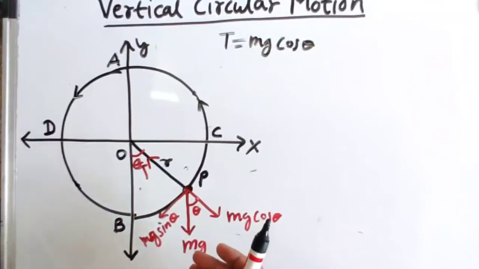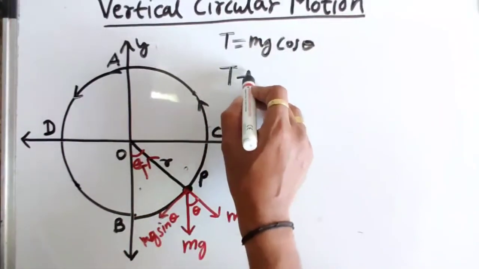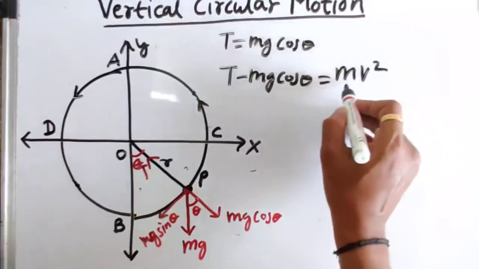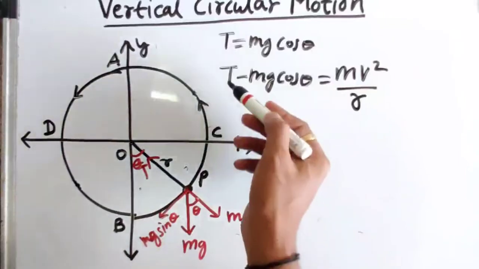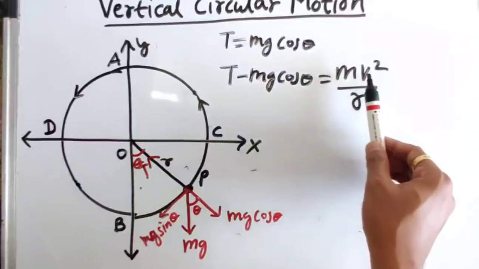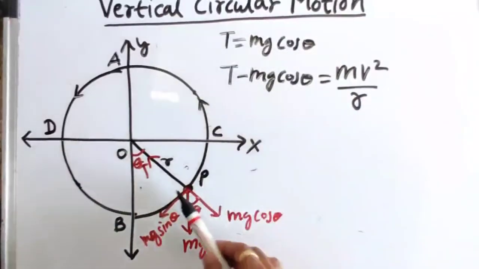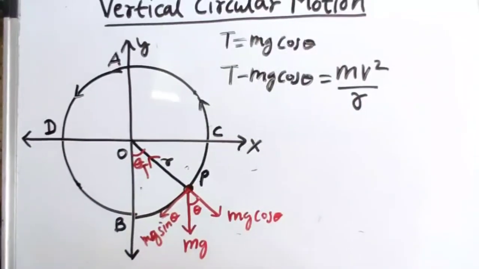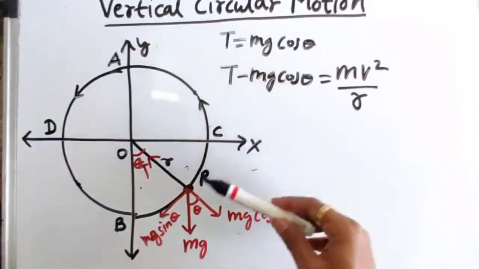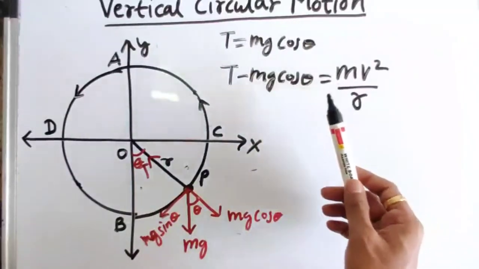The required centripetal force for the motion of this particle along the circumference of the circle is given by the resultant of these two forces, so we can write T minus mg cos theta equals the centripetal force, mv square upon r, where T is the tension in the string, mg is the weight of the object, v is the linear speed of the object, and r is the radius of the circular path. This equation gives us the resultant force acting on this particle in VCM at any position.